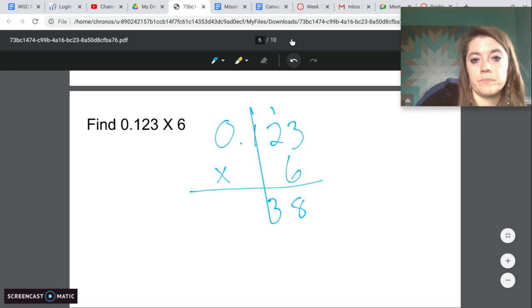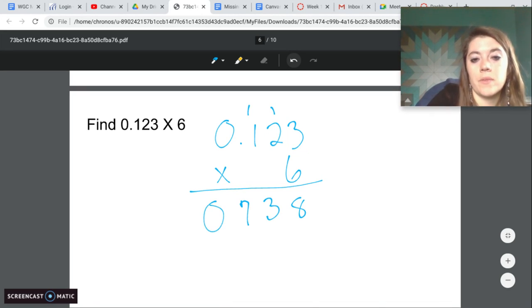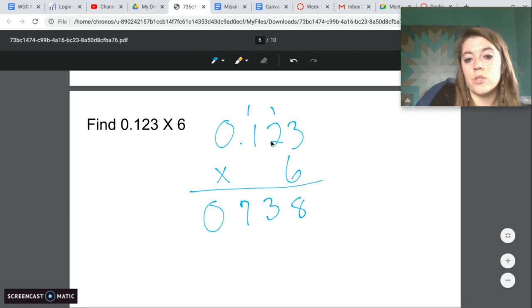Carry the 1. 6 times 1 is 6, plus 1 is 7. 6 times 0 is 0. So now look, we've got 1, 2, 3 places after the decimal. So we go 1, 2, 3, and there's our decimal and our solution.